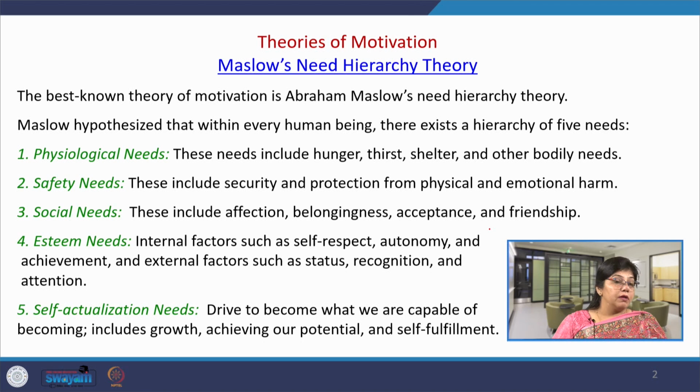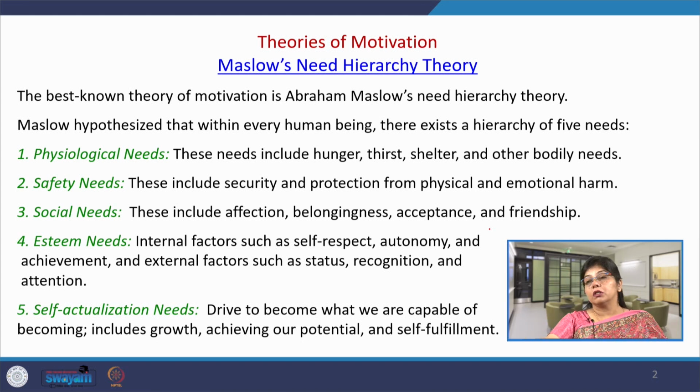Other bodily needs include reproduction and maintaining body temperature to be comfortable. If it is very cold, the person will wear thermals. These are the most basic needs required for survival. If they are not satisfied, the person cannot be motivated to satisfy other kinds of needs.